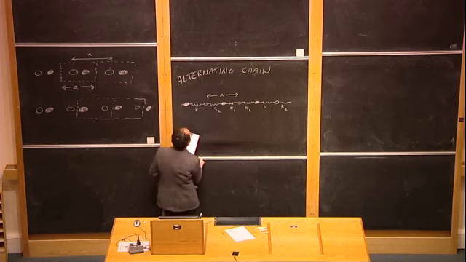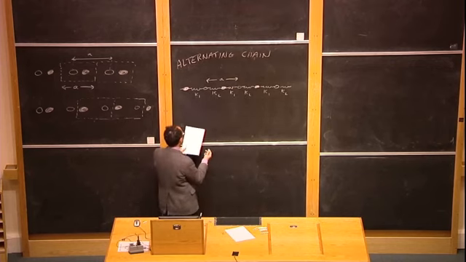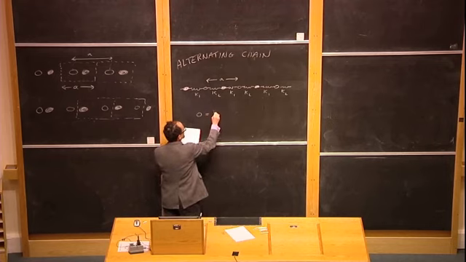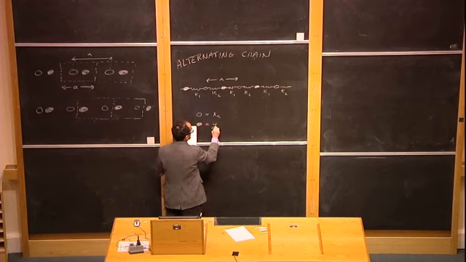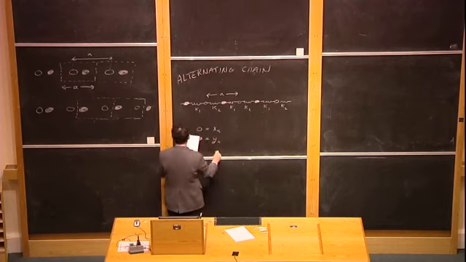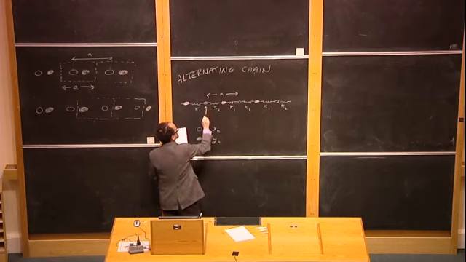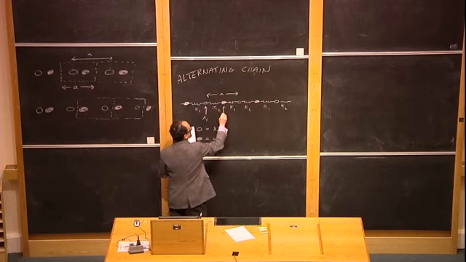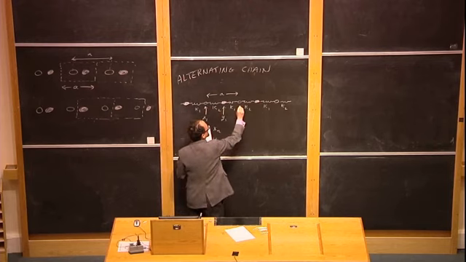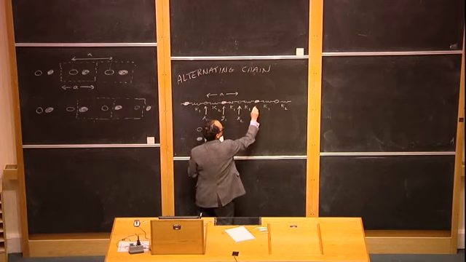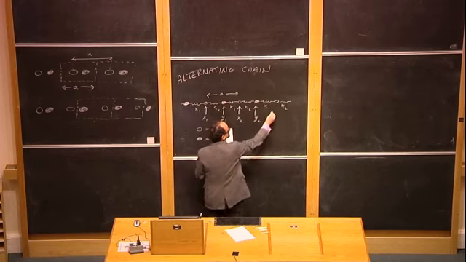So let's write down some coordinates. For example, let's let the light-colored atoms have positions xn, and the dark-colored atoms have position yn. So let this one be x1, this one will be y1, this one will be x2, this one will be y2, and so forth.